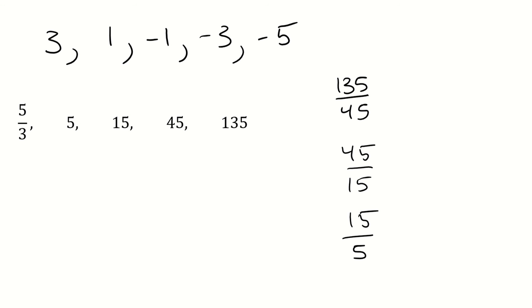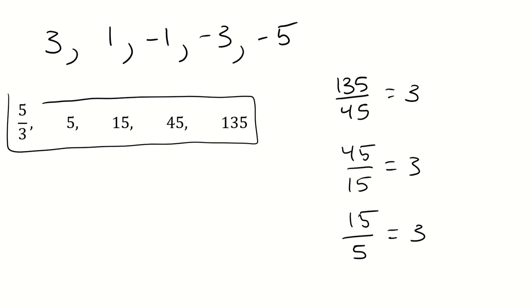15 divided by 5 is 3. And if I do the other ones, 45 divided by 15, just as I suspected, and 135 divided by 45, magical. So it looks like the generator for this sequence is multiply by the number 3.